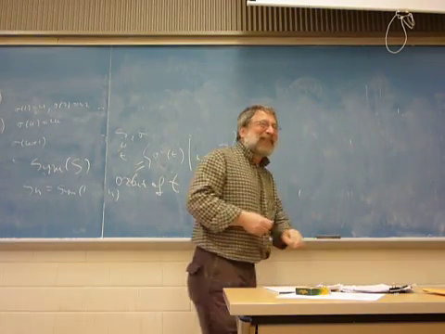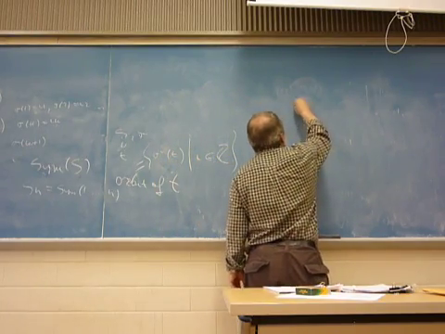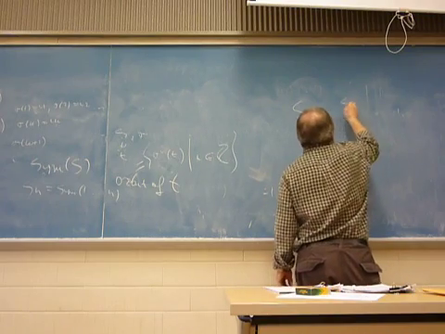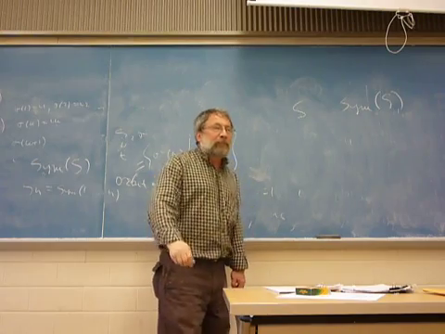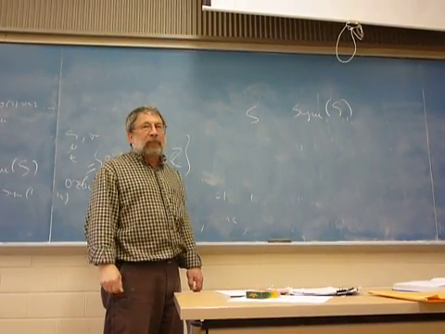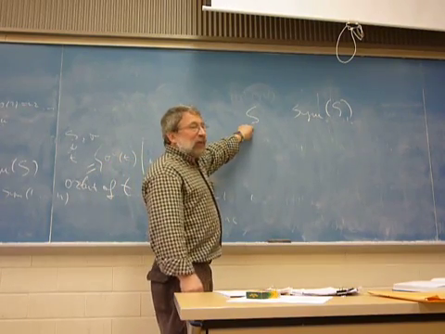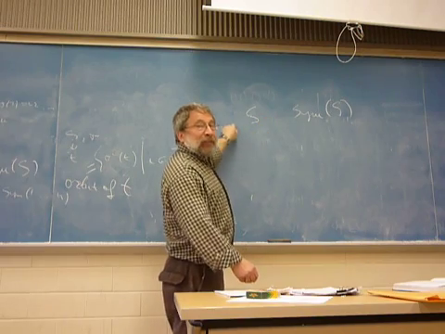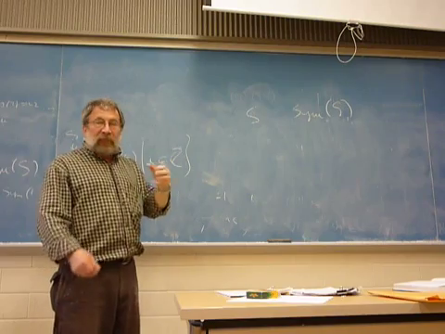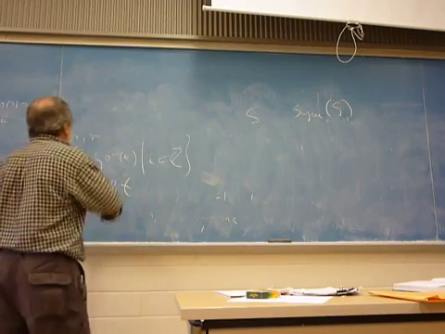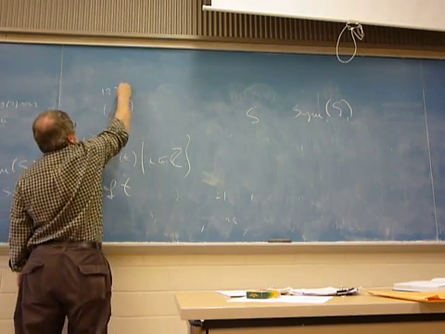Okay, let me try. We have two objects. We have a set S, and we have a group of permutations on this set. So a cycle is a bunch of elements of S. Say, when you write 1, 2, 3, and your set S is 1, 2, 3, 4.